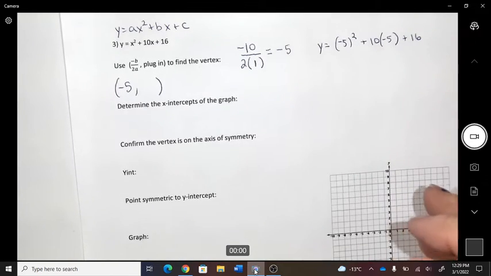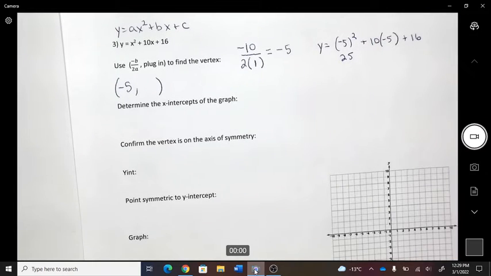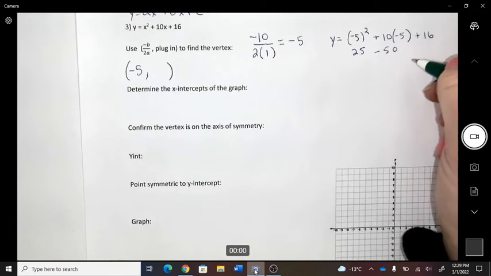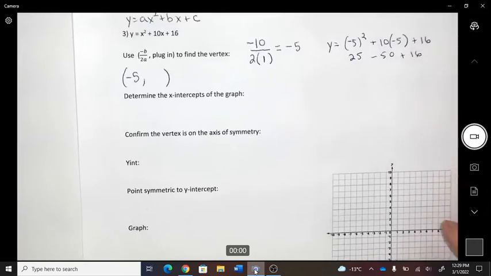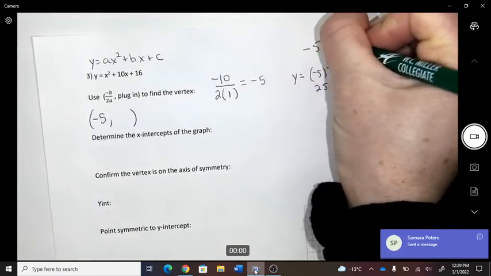This is negative 5 squared. So does that make sense that it turns out positive? And then subtract 50 plus 16. So if you were in your calculator, do you know this?